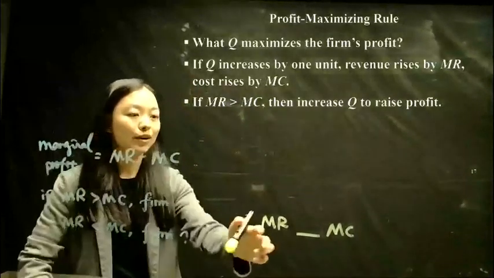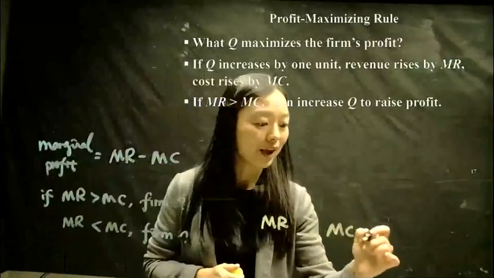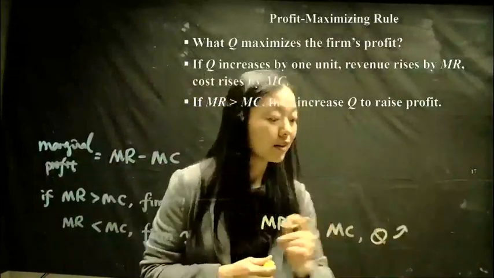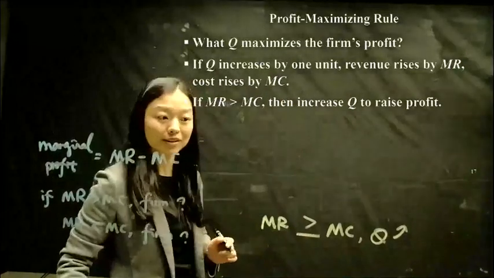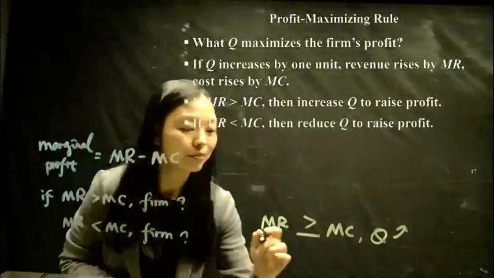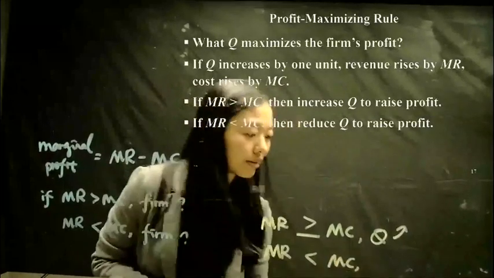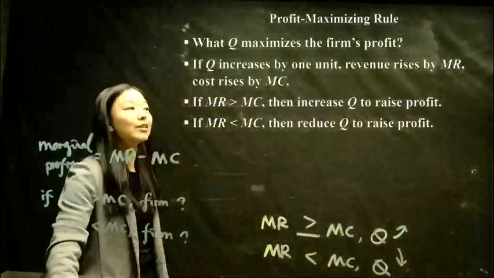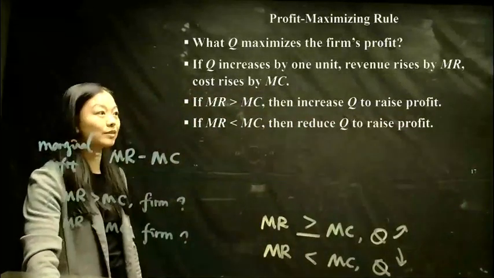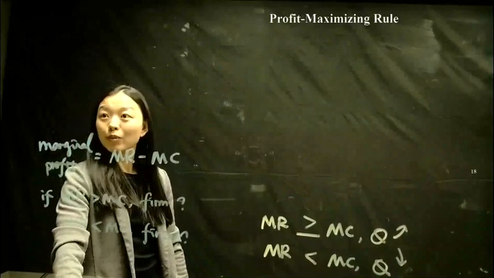If marginal revenue is larger than marginal cost, then continuing to produce will be a good strategy to have more profit, right? If marginal revenue is smaller than marginal cost, then the firm should cut their production. Therefore, when will we stop?